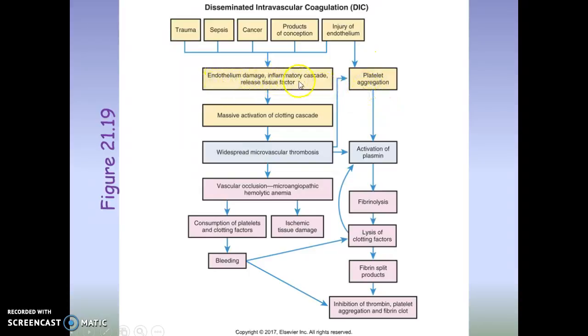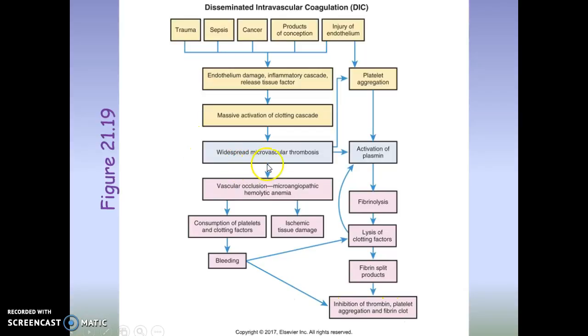So endothelial damage, you have the inflammatory cascade, release of tissue factor, massive activation of the clotting cascade. So then you have widespread microvascular thrombosis that activates plasmin, which causes fibrinolysis, and then you have lysis of the clotting factor, creates fibrin split products, and that is the anticoagulant. So an inhibition of thrombin, platelet aggregation, fibrin clot.